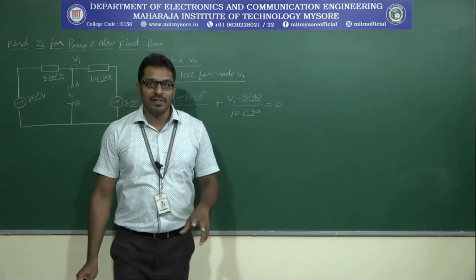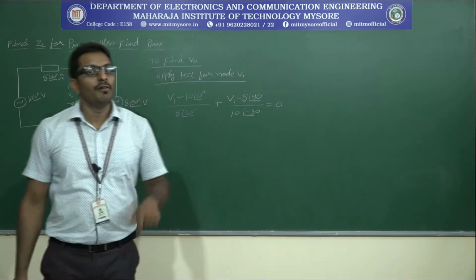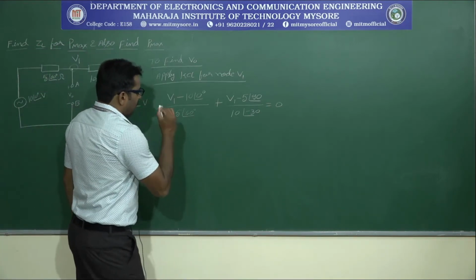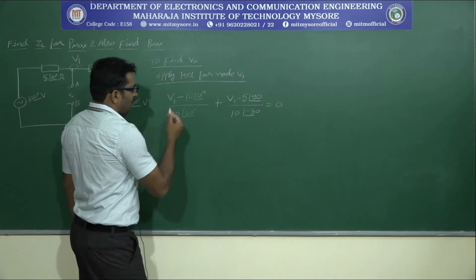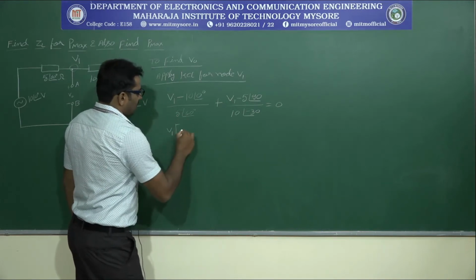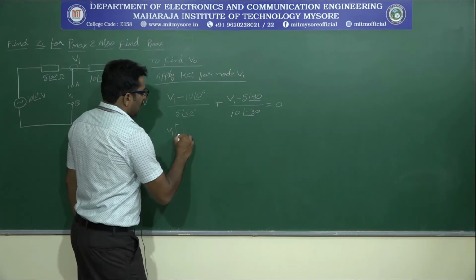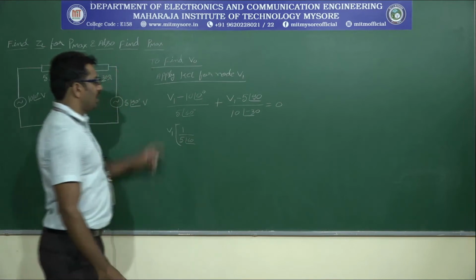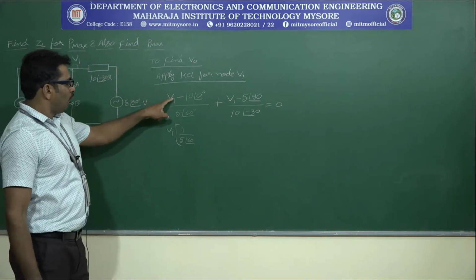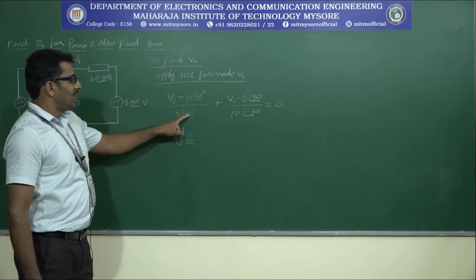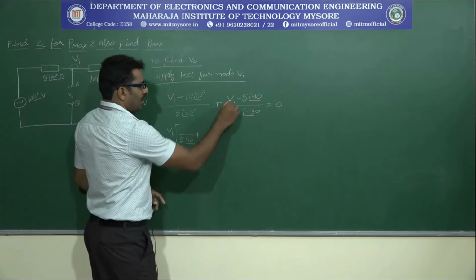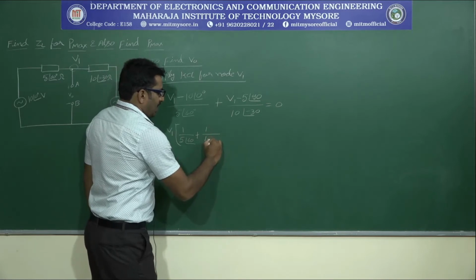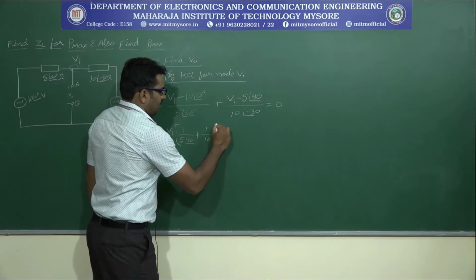First let us find V1. Later we can discuss how to obtain V0. Okay, just simplify this equation. V1, let me take V1 as a common factor directly. V1 times 1 divided by 5 at an angle 60, plus again V1 common factor, 1 divided by 10 at an angle minus 30.